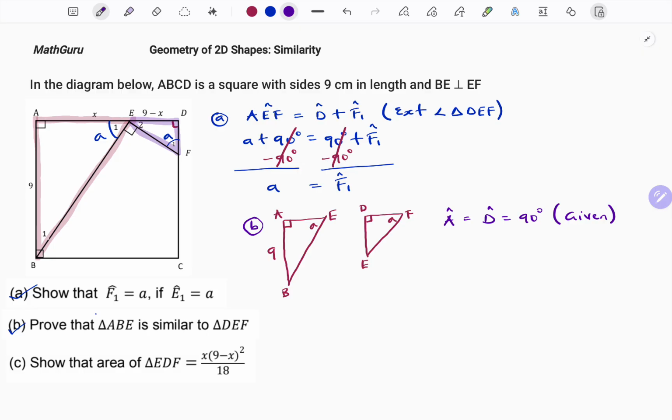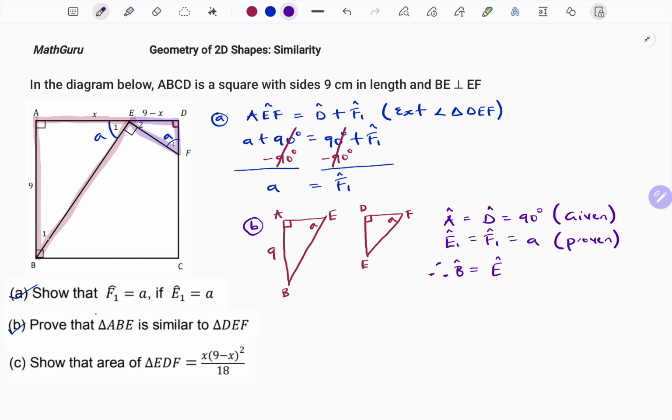Also, we're able to prove that the angle E1 is equal to the angle F1, and that is equal to A. We have been able to prove that from the first part of the question. And therefore, if you have two triangles with two angles exactly the same, then the third angle will also be the same. So we have the angle at B equal to the angle at E.